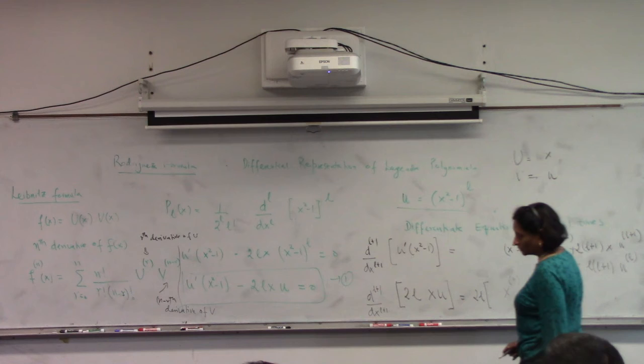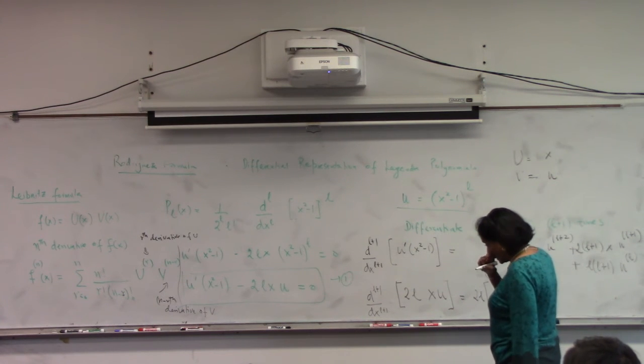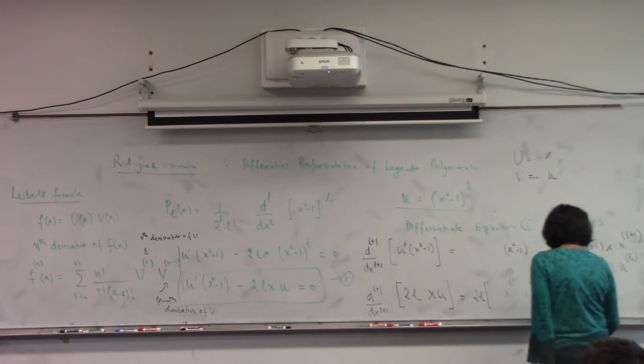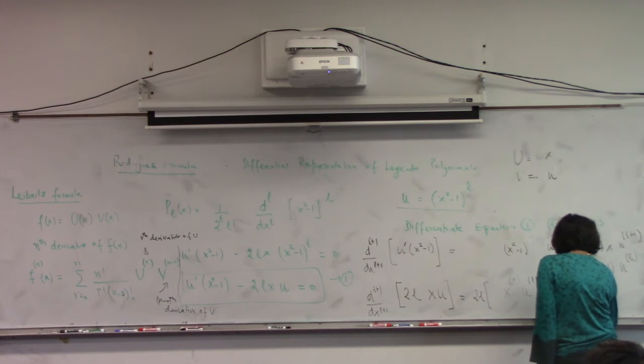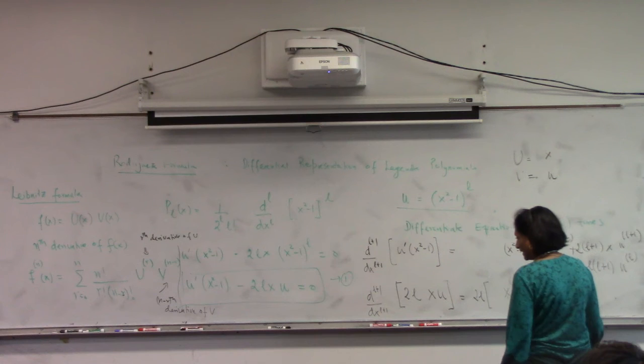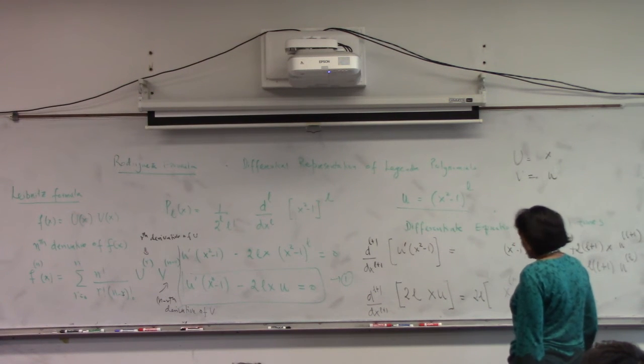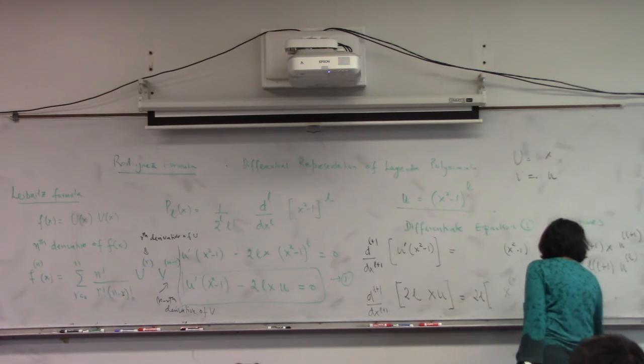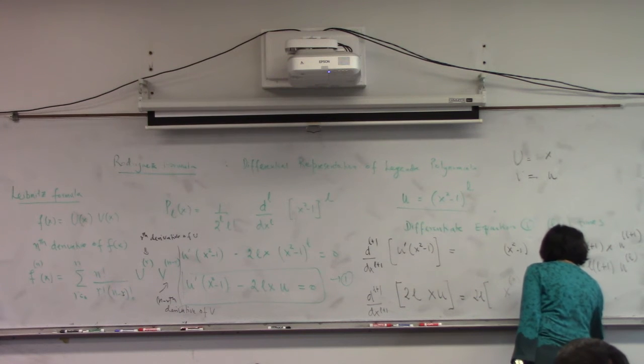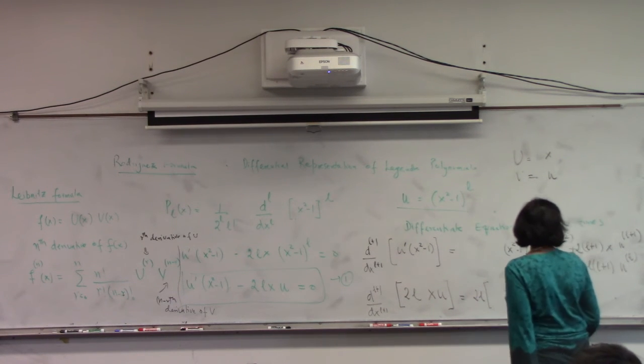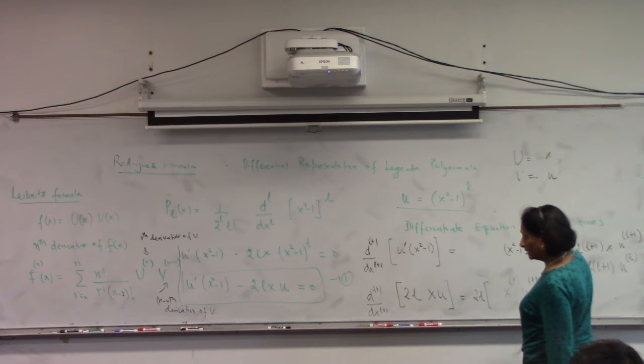L plus 1 factorial over 1 factorial over L factorial. I think it is, just check my, L plus 1 factorial divided by 1 factorial, L plus 1 minus 1, L factorial. So it's L plus 1. Okay, so just making sure. Okay, that's L plus 1.